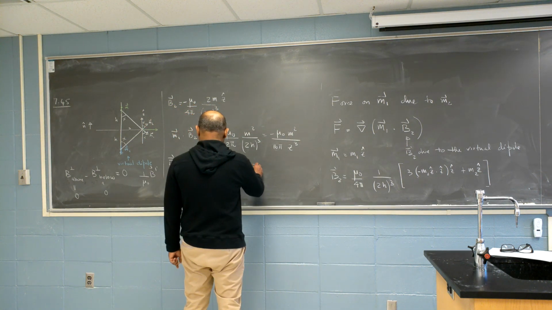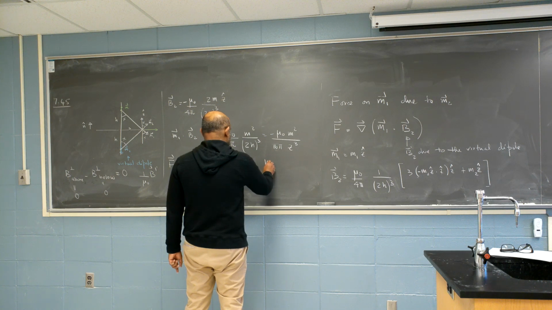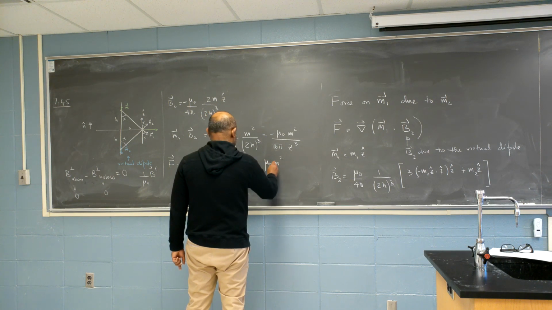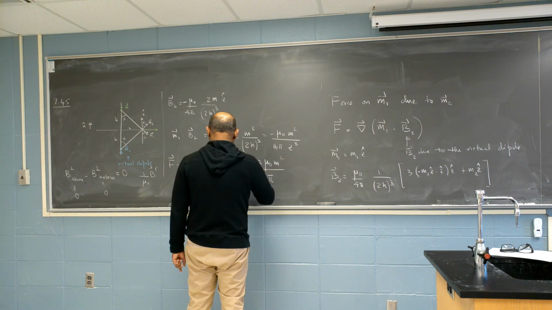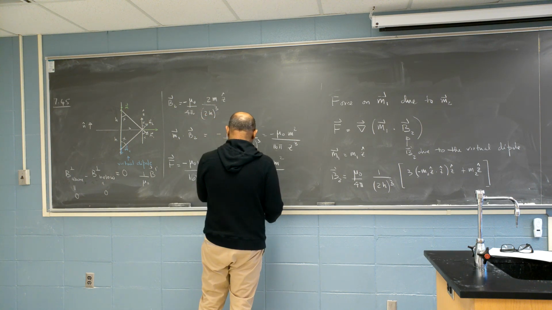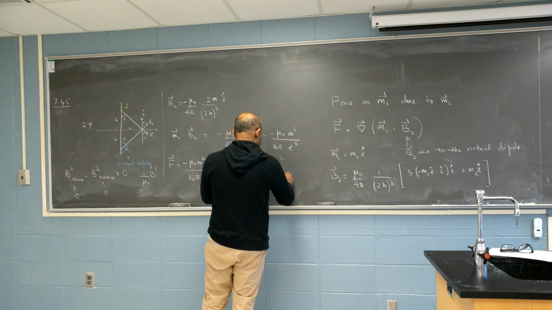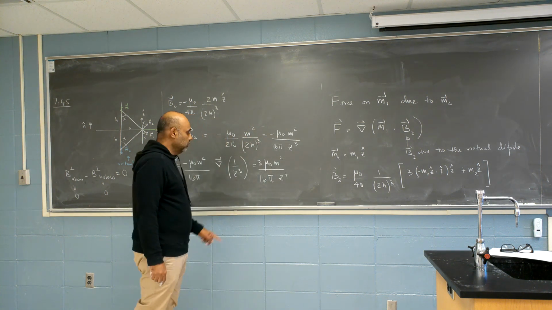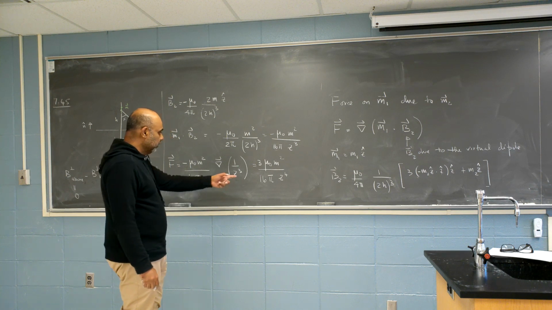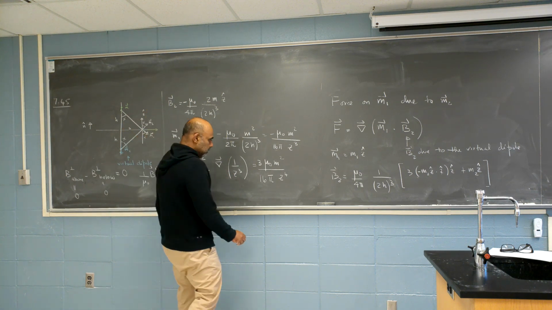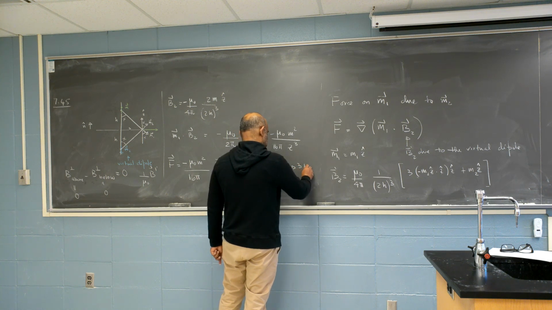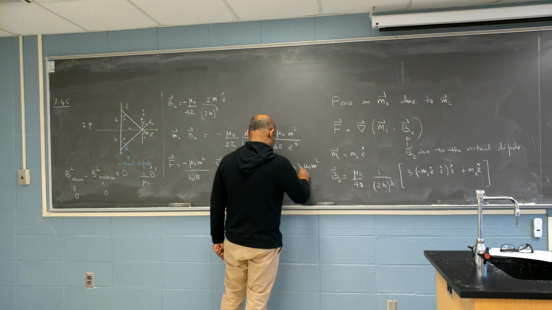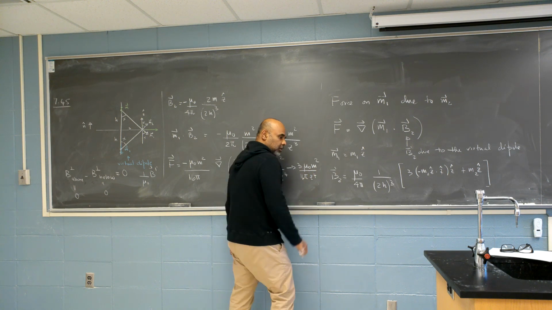And so mu0 m squared is 3 over 16 pi z to the 4th. And now I can make it h to the 4th, except I have 32 pi. 16 pi z to the 4th.